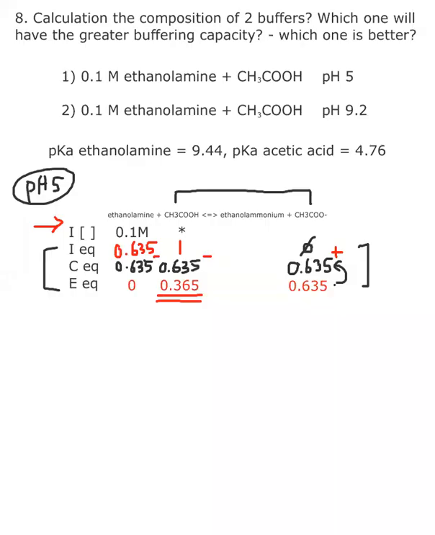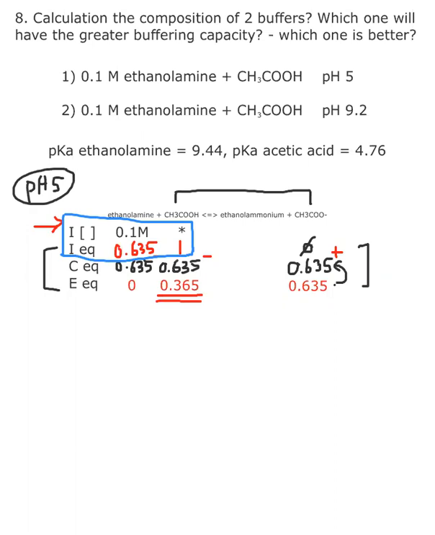Therefore, to calculate the initial concentration of acetic acid, you would use this information to calculate. So we know that the ethanolamine equivalence at initial would be 0.635 and the equivalence of acetic acid at initial would be 1.